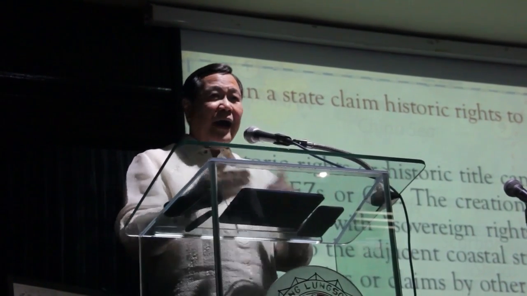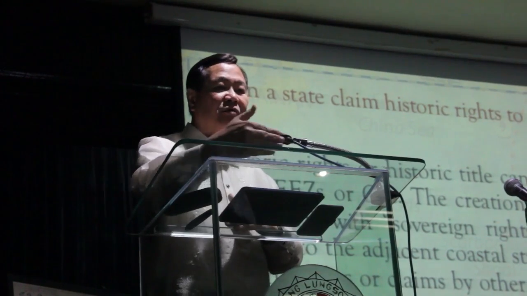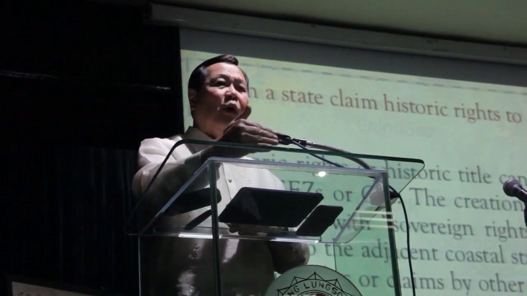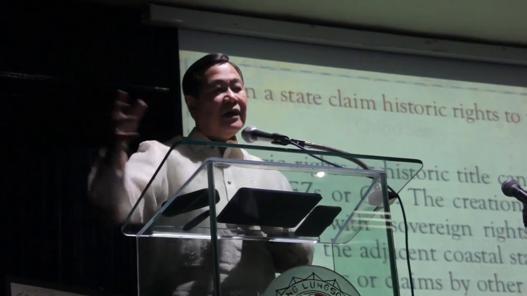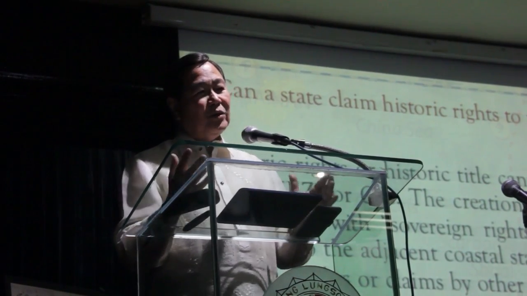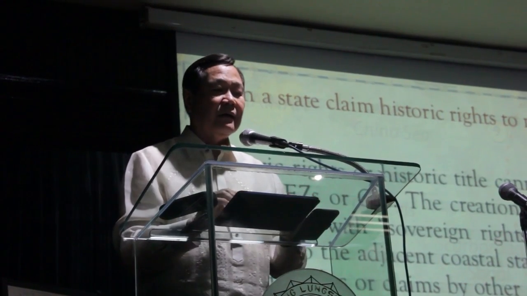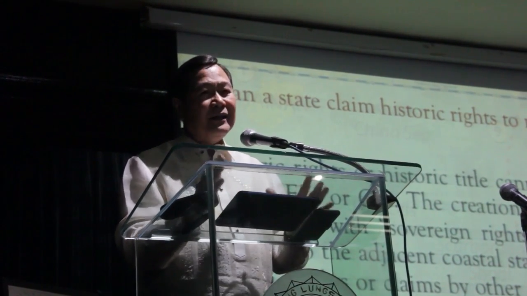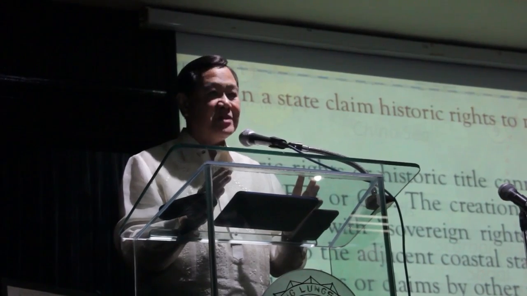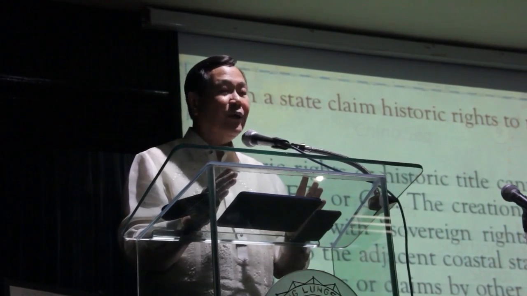China is saying, oh, we are entitled to 200 nautical miles from our coast, but we also have historic rights over the rest of the South China Sea. They cannot do that anymore. They signed the convention. They knew what they were signing. No country has ever claimed an entire sea. China is the only one doing it.